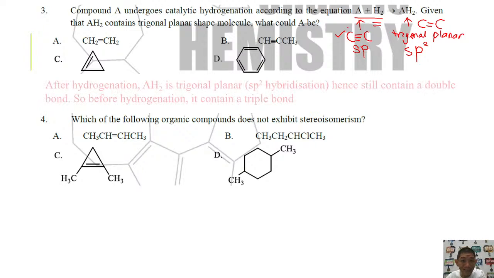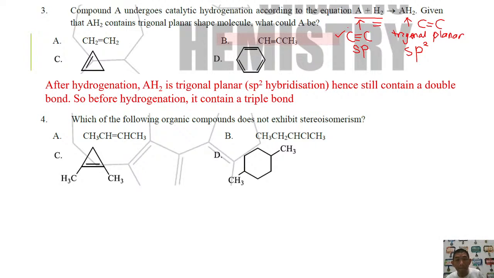So the best answer here will be B. You have to know by yourself what structure may possibly form from the shapes that are given to you. So try to understand. That is for question number 3.